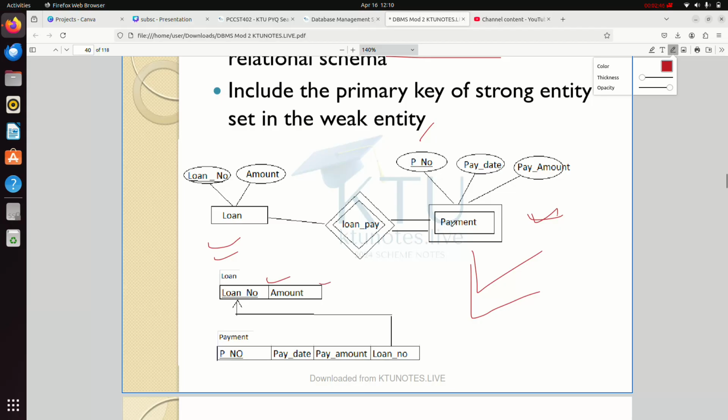But payment is a weak entity, so you write P number, P date, P amount, and you have to write the primary key of loan also, because this payment cannot be uniquely identified by P number only. It requires loan. So we write the loan's primary key also in the payment schema. Understood? This is how you are going to represent the weak entity.